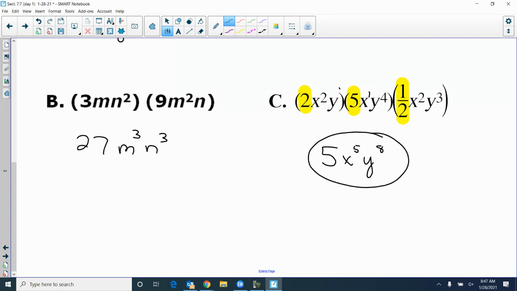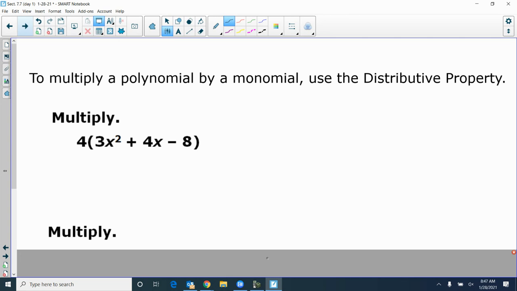Now, we run into something we've actually already done, but we're going to throw in some extra variables in some cases. We've used the distributive property before, okay? If you got a number outside a parentheses, you multiply everything in the parentheses by that number, okay? Do that.